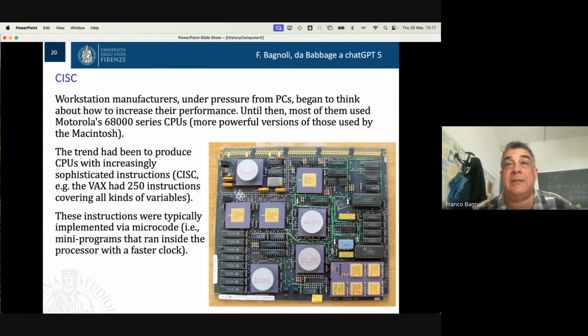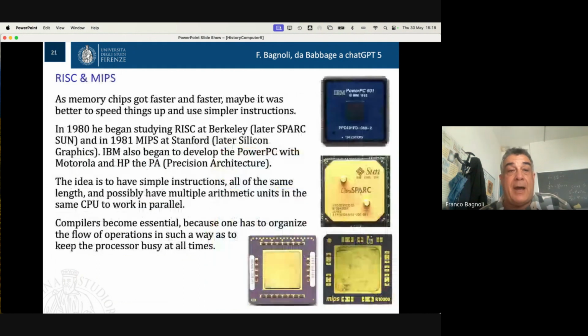I never used it, but I know that it was really easy to write something in assembler. But the problem is that all these very sophisticated instructions actually were run in microcode. So essentially, there were small programs inside the CPU. That implied that the CPU had to run much faster than the rest of the hardware, and so it started a competition for having the fastest CPU, which meant also those that dissipated more power.